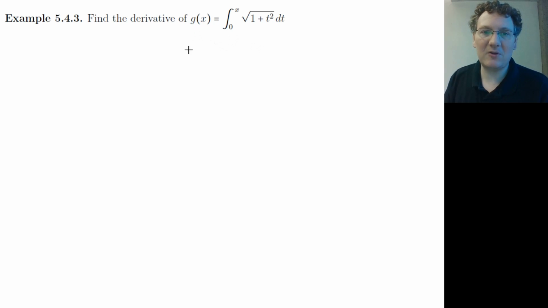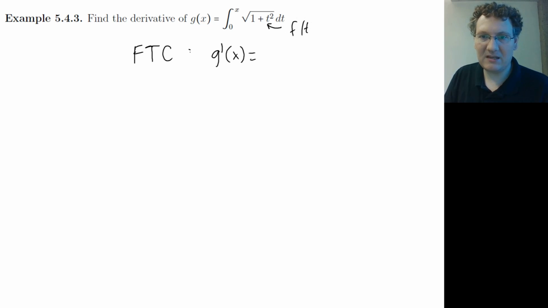But the fundamental theorem of calculus says that g prime of x is going to be, so this here, f of t is the square root of 1 plus t squared. It's going to be f of x, which is just the f function with an x put in place of the t.